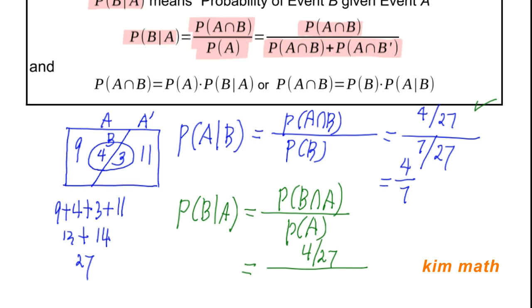Now, what is the number of event A? Event A is here, right? So 13. So the probability of event A will be 13 out of 27. Again, by simple cancellation, I hope you can get 4 over 13. Okay, this is the basic idea of conditional probability.